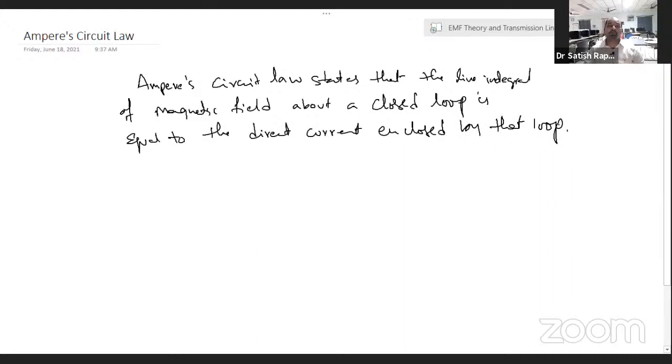So this is Ampere's circuit law. It states that the line integral of magnetic field about a closed loop, and that closed loop is called the Amperian loop, right?